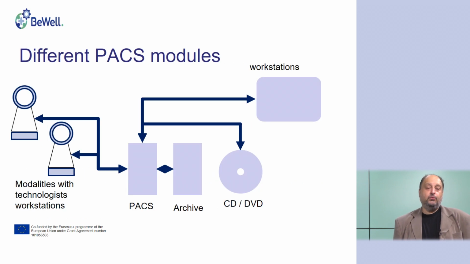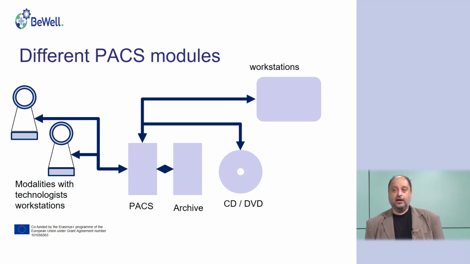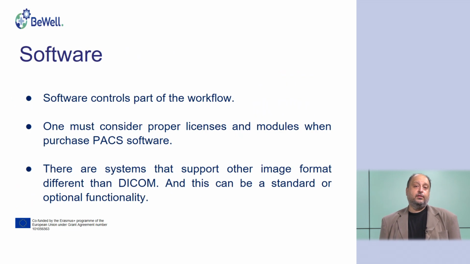So, for example, you may see the structure of such systems. You have the software installed on the server. You have the modalities with the technologists' workstations, and you have the archive, the workstations, and the CD and DVD. Of course, the software is the one that controls the workflow, and when you purchase the software, you have to consider the proper licenses. Otherwise, you'll finish with something that will not work for you.